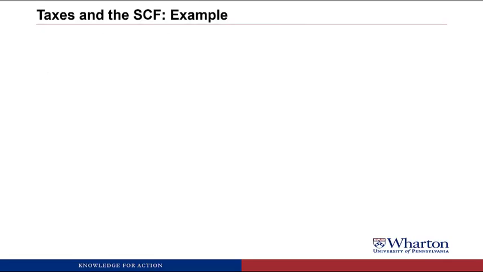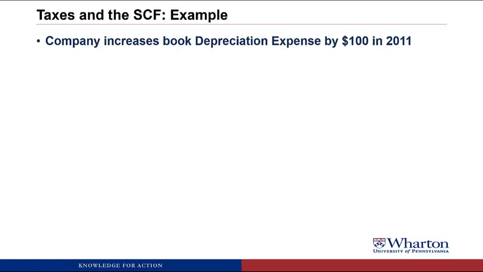So let's take a look at an example of how taxes work on the statement of cash flows in the operating section. Let's say a company decides to change its depreciation assumptions for the financial statements, and so their book or financial statement depreciation expense increases by 100 in 2011. Their pre-tax income will go down by 100 because if your depreciation expense goes up, pre-tax income has to go down.